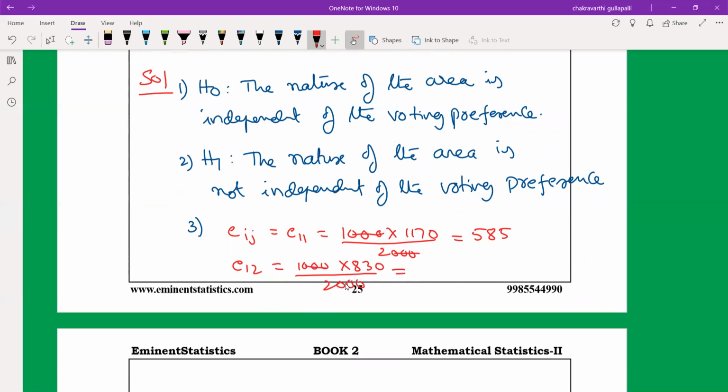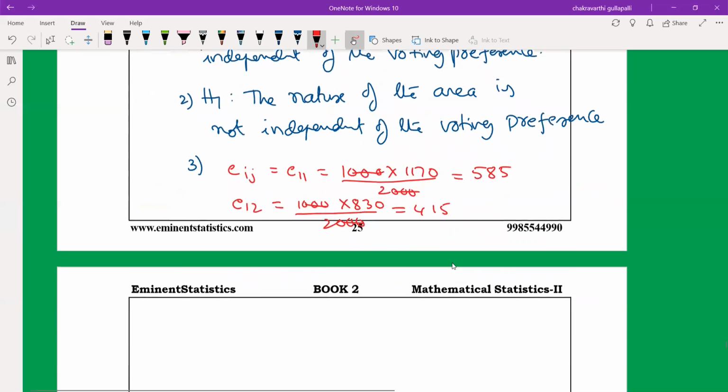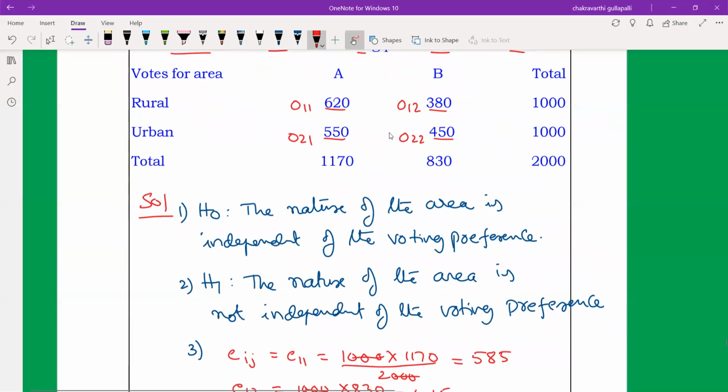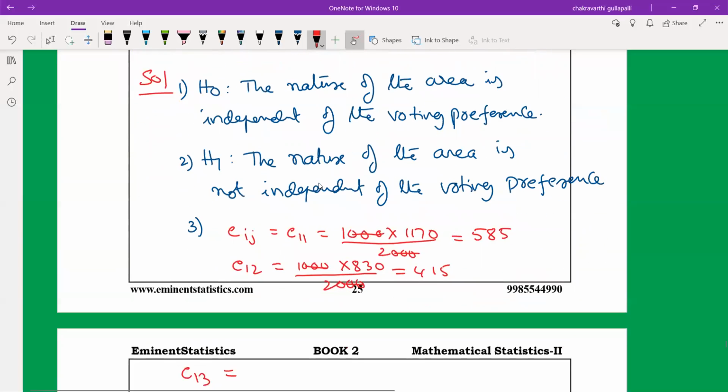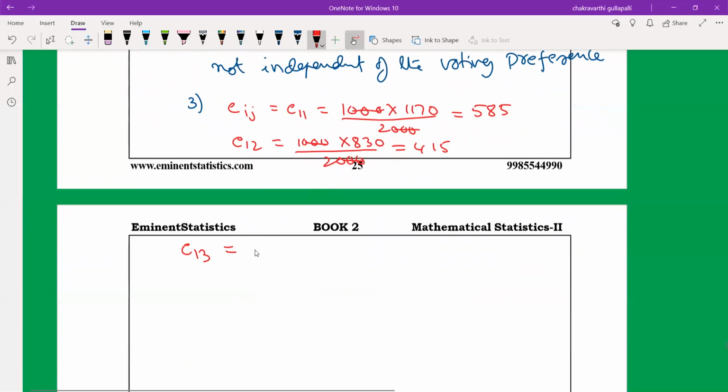Now this cancels and the result is 415. Similarly, using the same procedure, E13 means second row total 1000 into 1170, the result is 585. E14 is equal to 415.